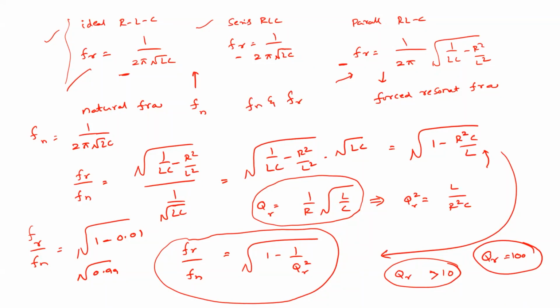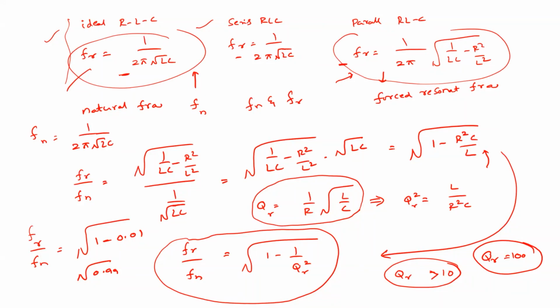A high value of Q makes the parallel resonant frequency tend to be the same as the series resonant frequency. So both will be the same if you choose the Q value high. Normally we choose the Q value high, so the difference is almost minute if you choose a large value of Q. Understood? Clear? Yes, sir.